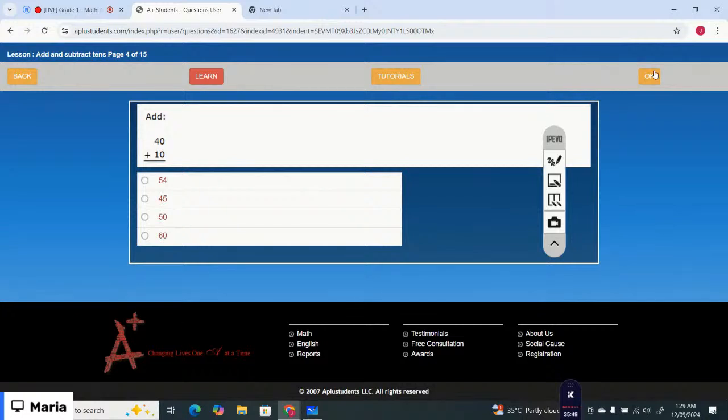Yes, 50 it is, right? Just add the non-zero values. So 4 plus 1 is 5. The answer is 50.